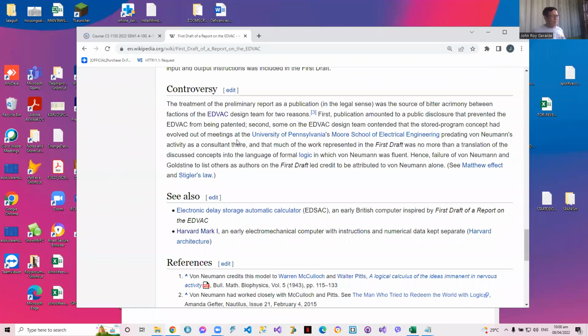To make a long story short, Eckert and Mauchly did not contest the first draft report on EDVAC. And later, when they were sued in court for the patent of ENIAC, the court removed the patent from them. We will discuss that later.